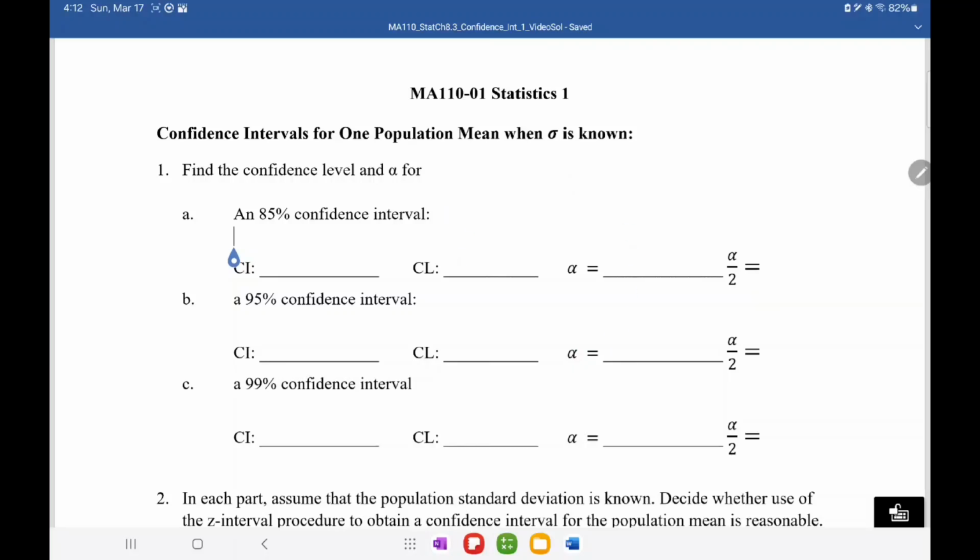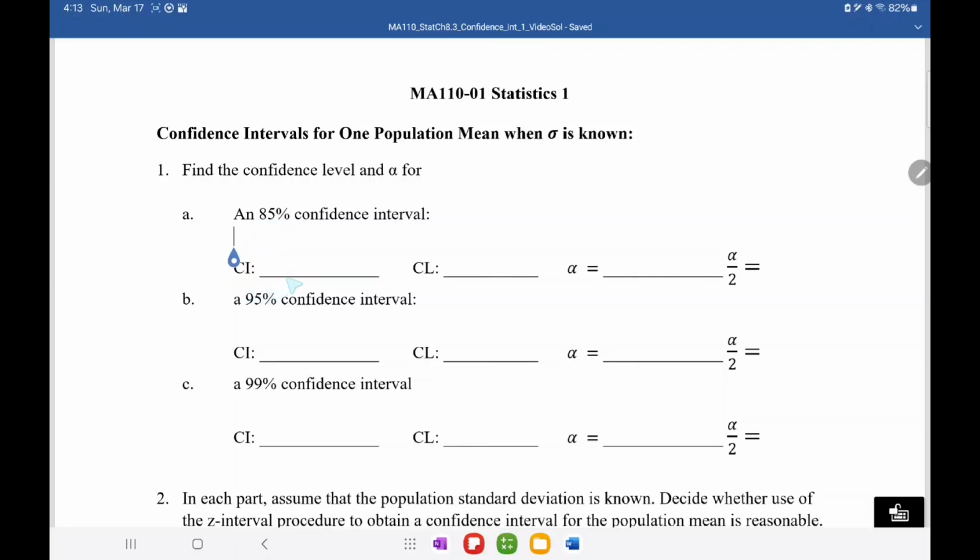The first question is not asking us to find the exact confidence interval. It's only giving us some practice on how to come up with an alpha value and an alpha by 2 value when only the confidence interval percentage is given to us.